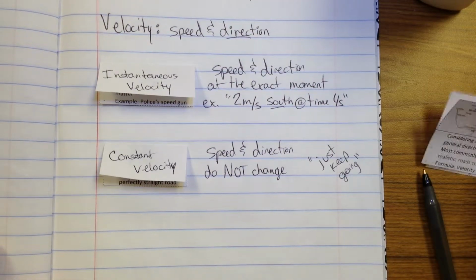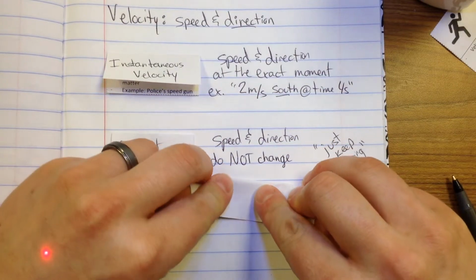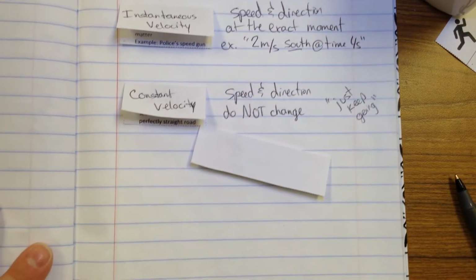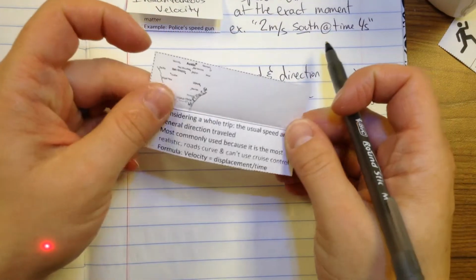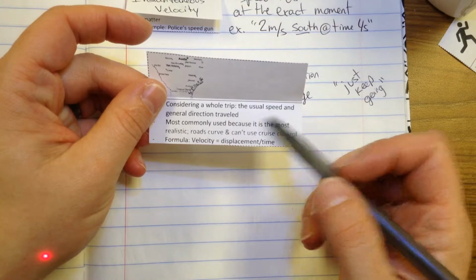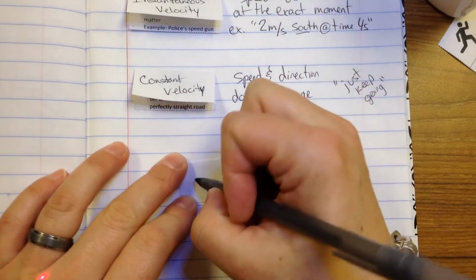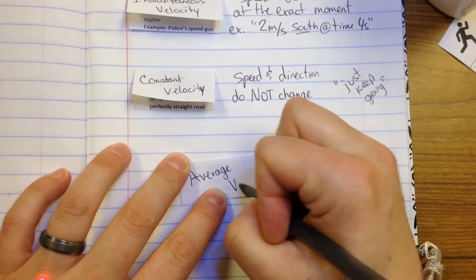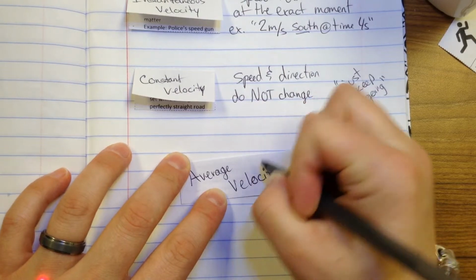All right, find the box that has the map. Fold that one in half. Okay, when you consider a whole trip, it's the usual speed and general direction traveled. This is what we call average velocity. Average velocity is a more realistic measurement of velocity.